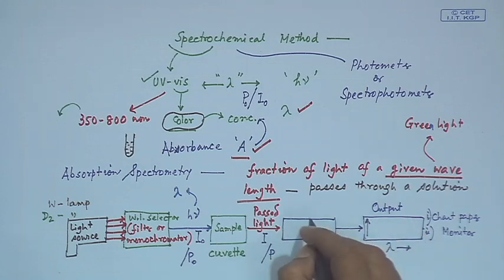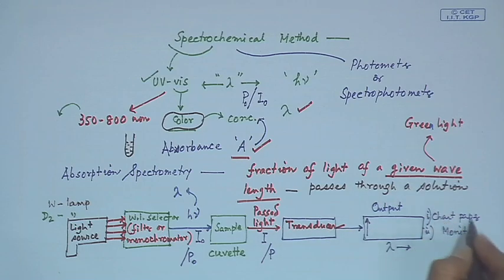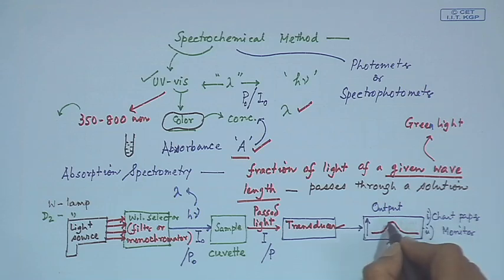So, this particular electronics what is available there is known as transducer. So, it is the transducer, and in the output whatever it is, the chart paper or the monitor, we get a typical absorption plot, and we can measure this particular wavelength at a value which is known from the corresponding axis in the x direction.